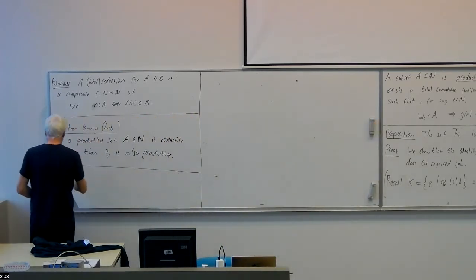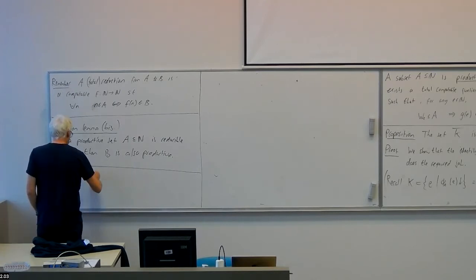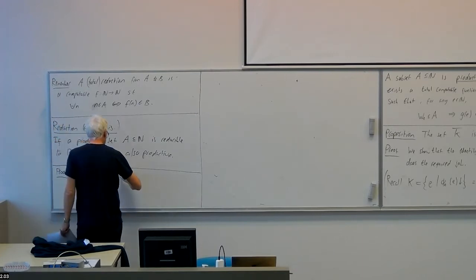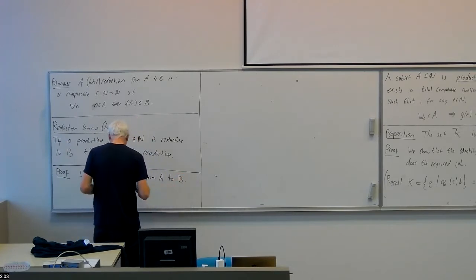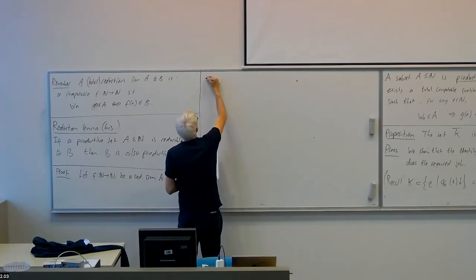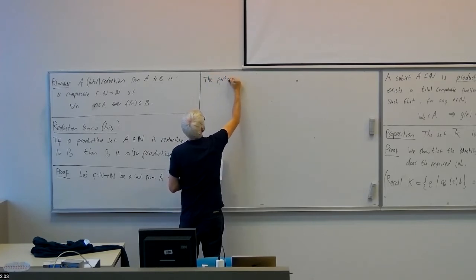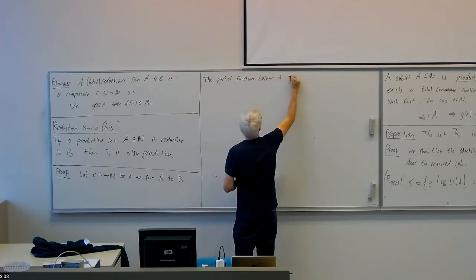Maybe I'll start down at the bottom. So let f be a reduction from A to B. So what we're going to do is observe that the partial function below is computable.